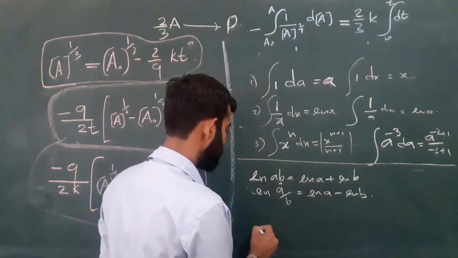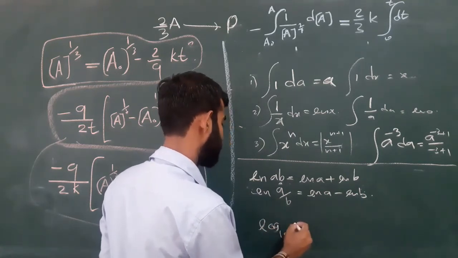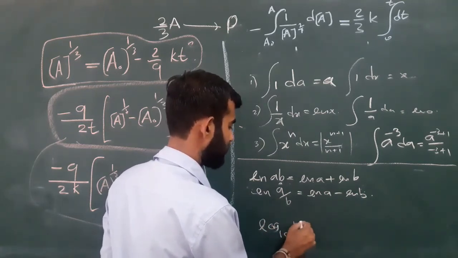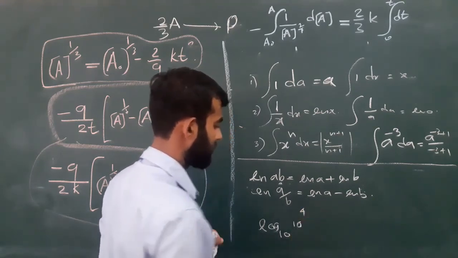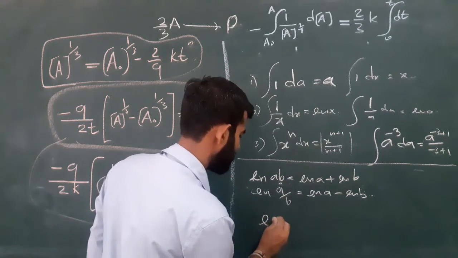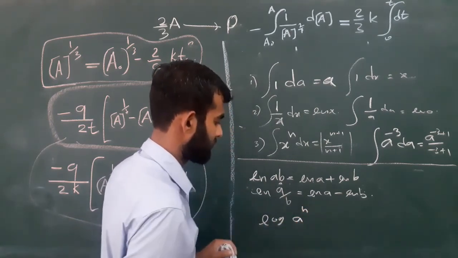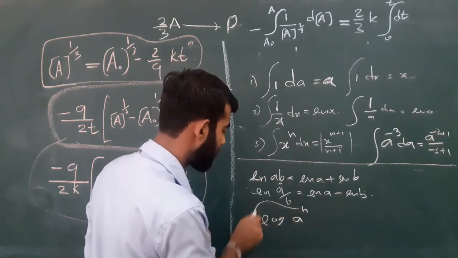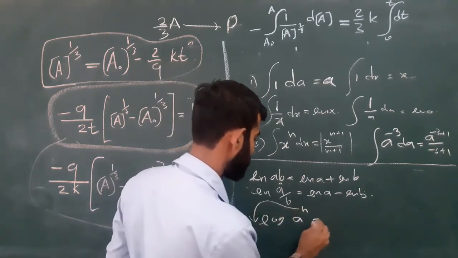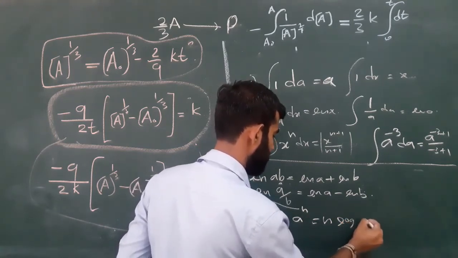Other one is a very important thing. If we have log a to the power n, we can bring this power to the front of the logarithm. So answer will be n log base 10 of a.